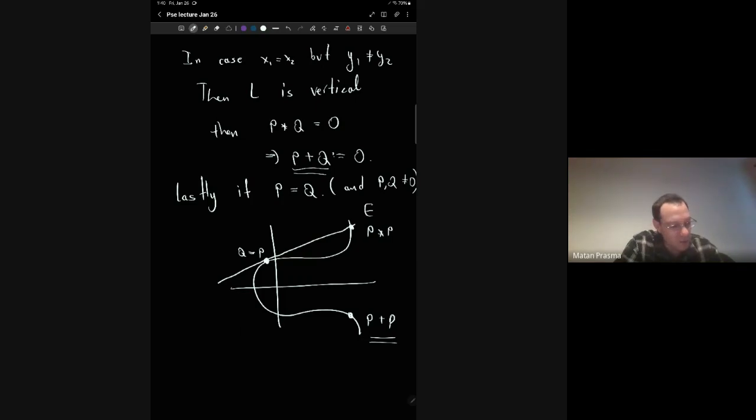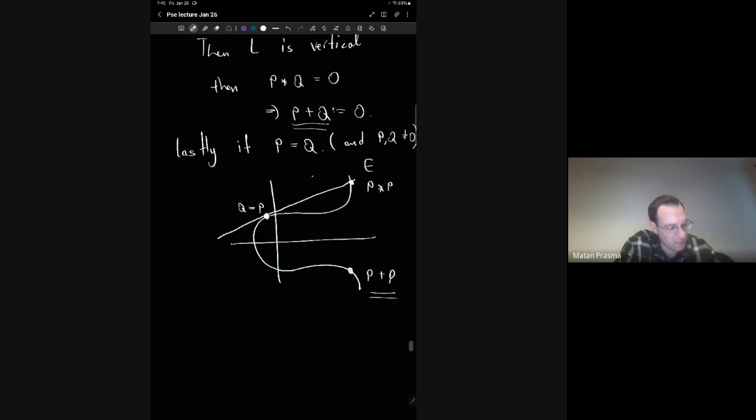Okay, so this is the geometric intuition, but let's do it algebraically. This is L, right? P is, say, x1, y1.